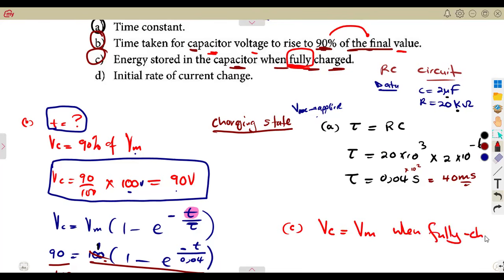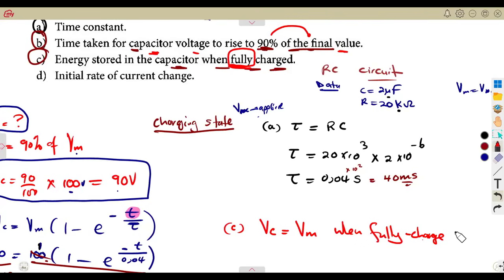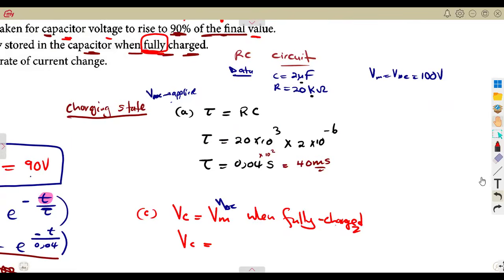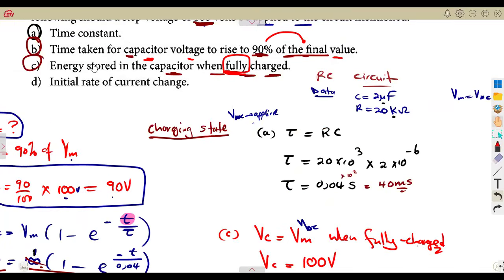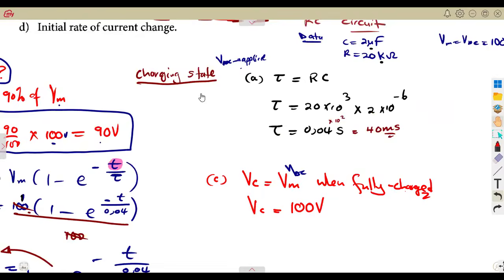When fully charged, remember you're charging, it will be at the equivalent value of your VM, which is your VDC. They will be equal. So they are saying the voltage across the capacitor is equal to VDC, which is 100 volts. If that voltage is 100 volts, calculate the energy stored in the capacitor.